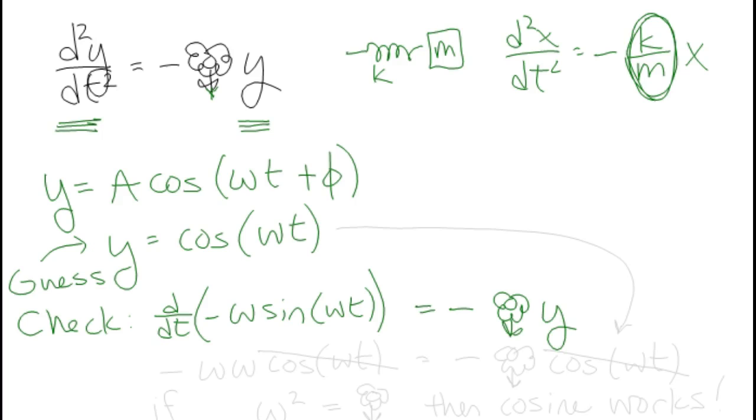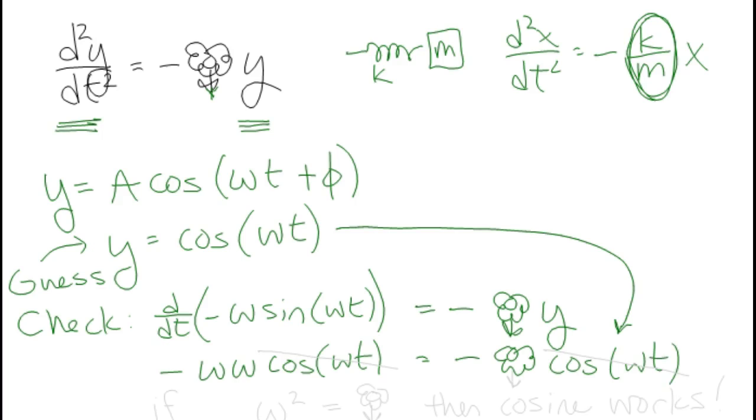So we'll take the next derivative, just like it says. That's minus omega and another omega cosine omega t equals minus flower. And now we'll just write down what it says y is: cosine omega t.